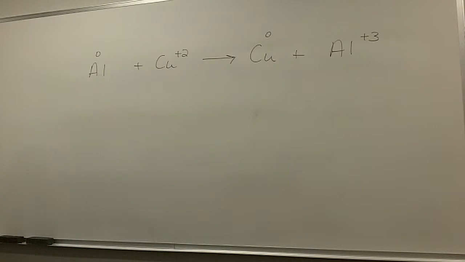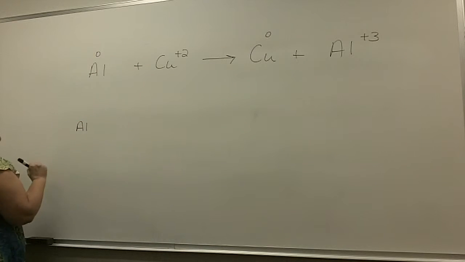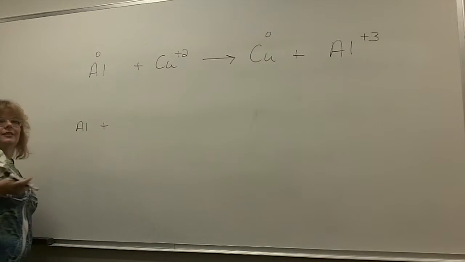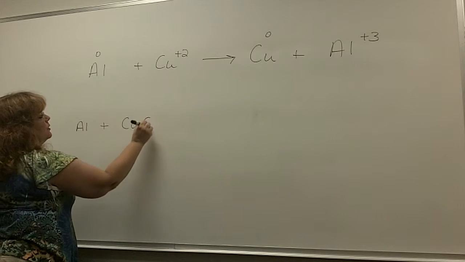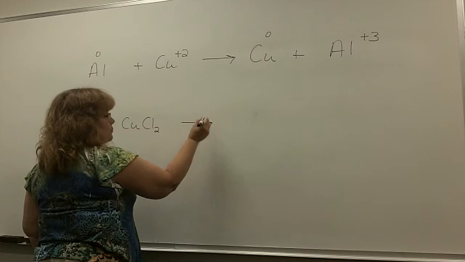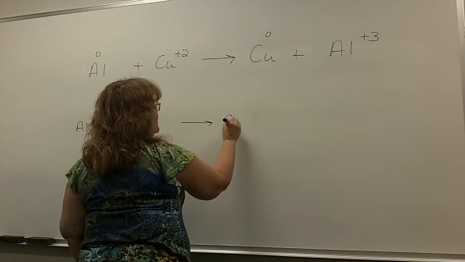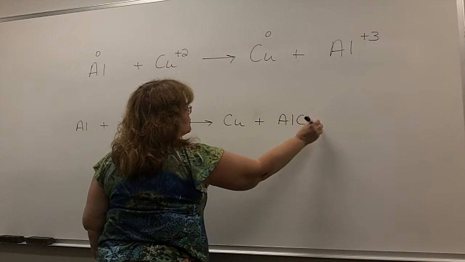Did I just turn into the Charlie Brown teacher? Okay, let me back up. When we took the aluminum foil, and if we wanted to do this, we could, and we took the copper chloride, then what happened in the experiment is the copper came out of solution and the aluminum went into solution with the chlorine.